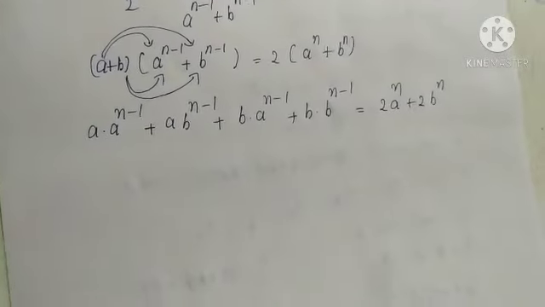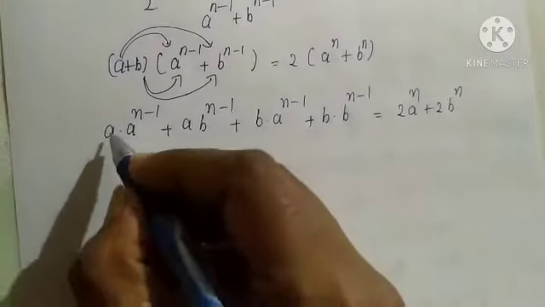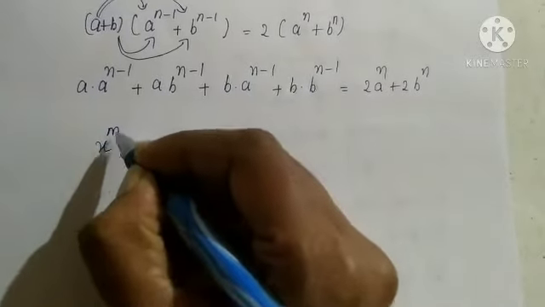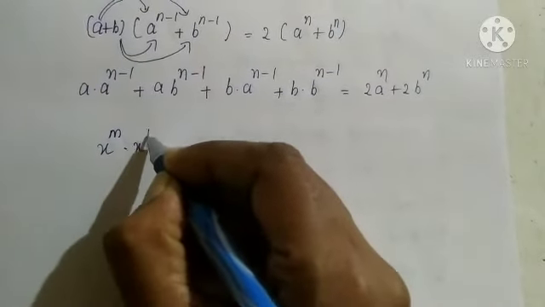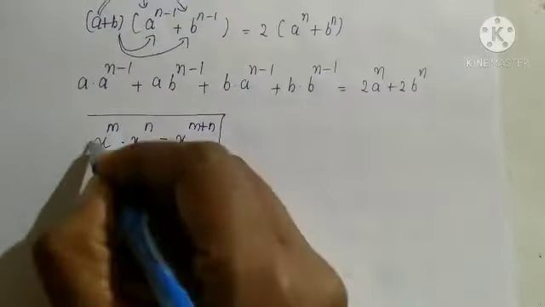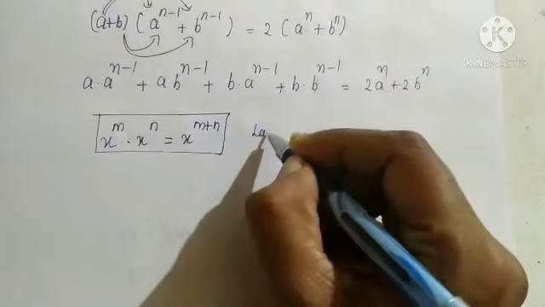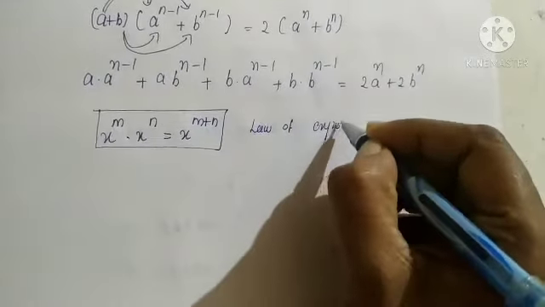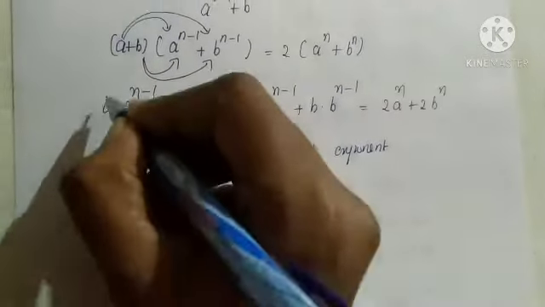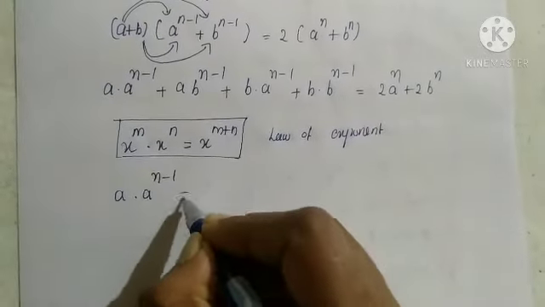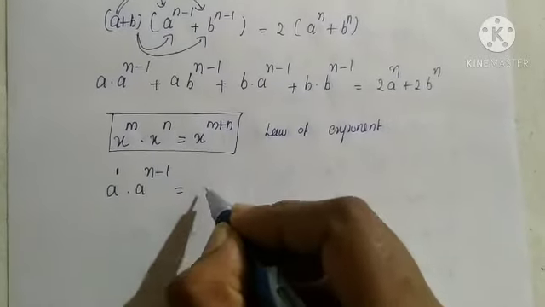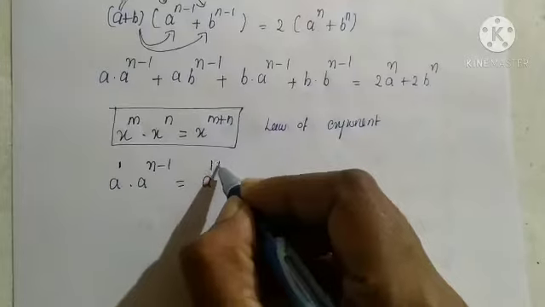Okay, so from this we know the law of exponent, that is x raised to m into x raised to n can be written as x raised to m plus n. So using this law of exponent, a into a raised to n minus 1 will become, a has 1 as power, so it can be written as a raised to 1 plus n minus 1.